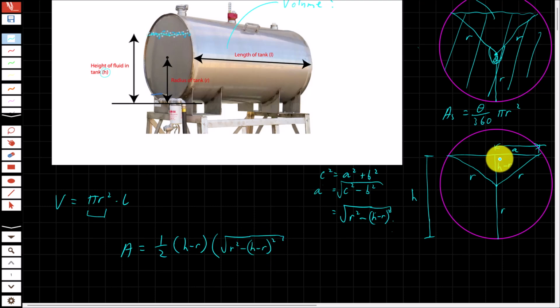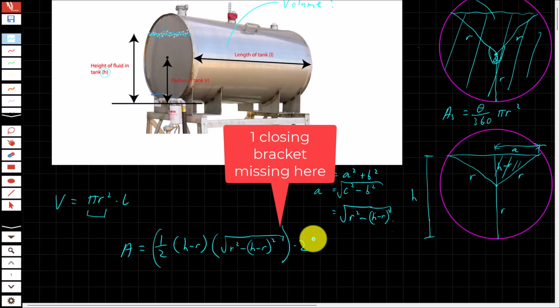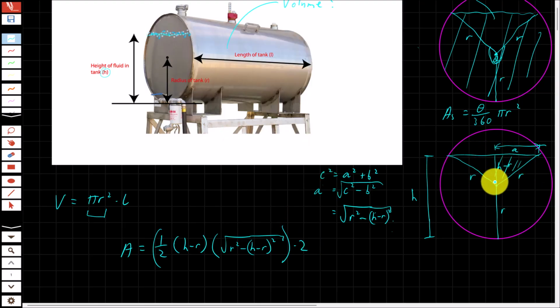That's the area of one of these triangles, but there's two of them, so we'll times that by 2. We've calculated the complete triangle area, but we need to calculate all of this down here.